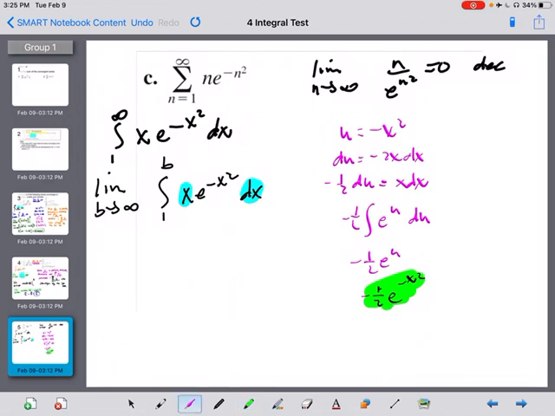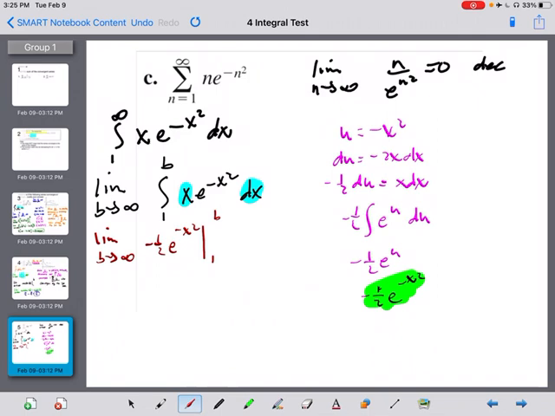So now I'll plug in over here, and I will get the limit as b approaches infinity of negative 1/2 e to the negative x squared, evaluated from 1 to b.